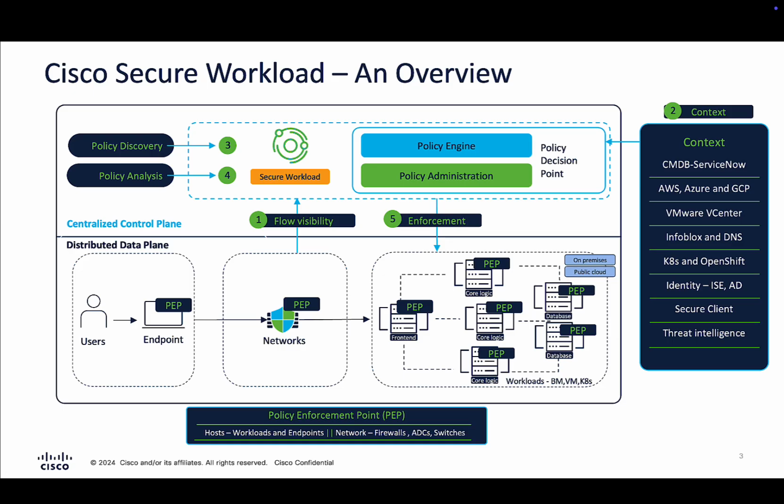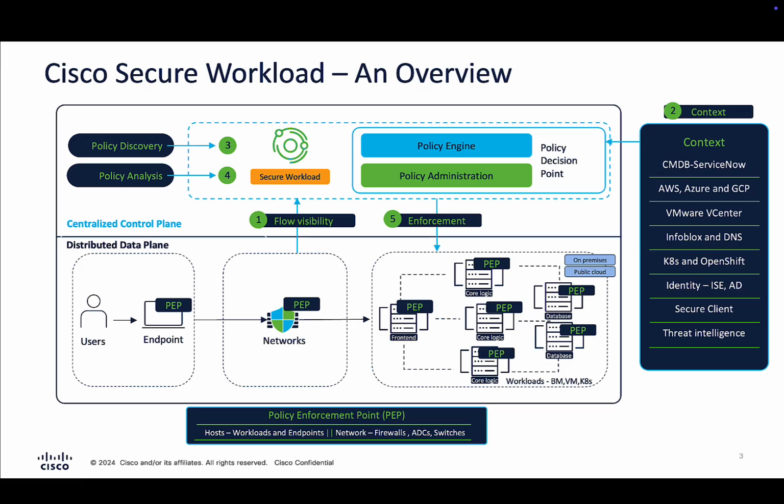If there is user logon information, that would be available from ISE, Active Directory, then likewise Secure Client and threat intelligence sources as well. So you marry that IP flow information with a little bit of context, and it becomes a lot more useful.